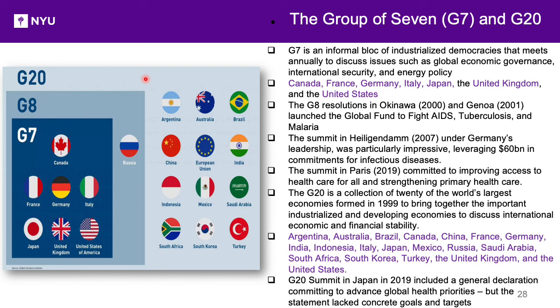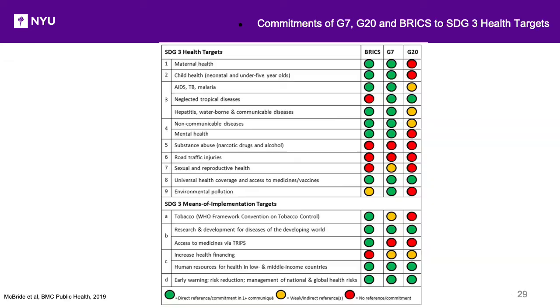The G20 summit in 2019 included a general declaration committing to advance global health priorities, but it lacked concrete goals and targets. But overall, the G20 and also the G7 can have a significant impact in terms of global health, depending on the agenda of the leaders at these particular meetings.